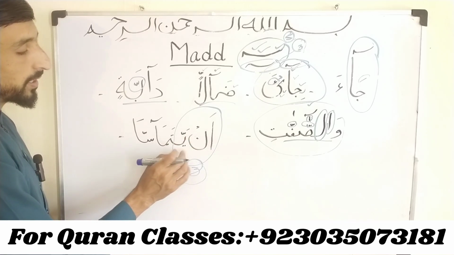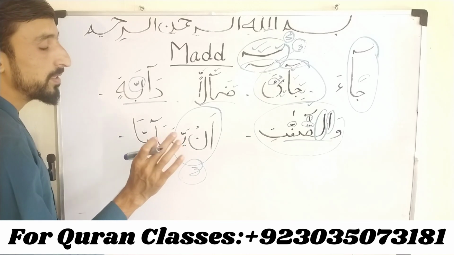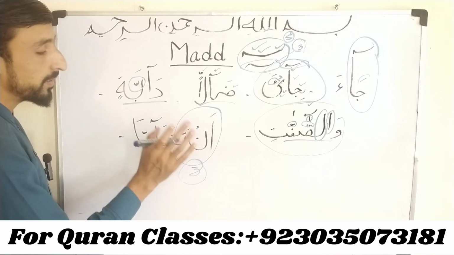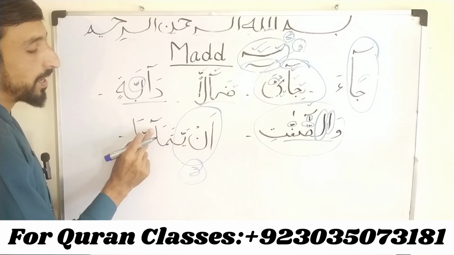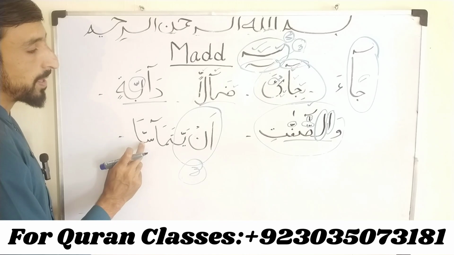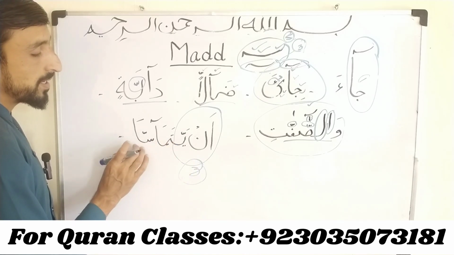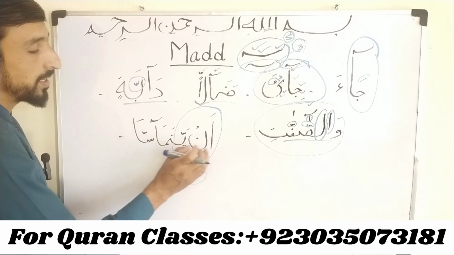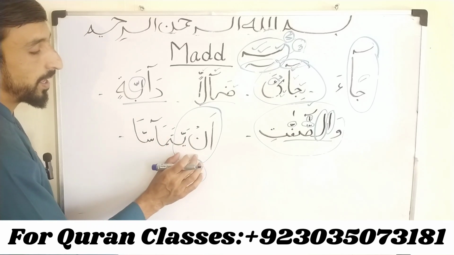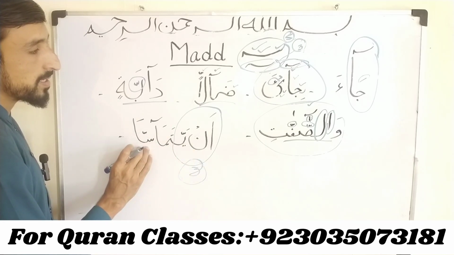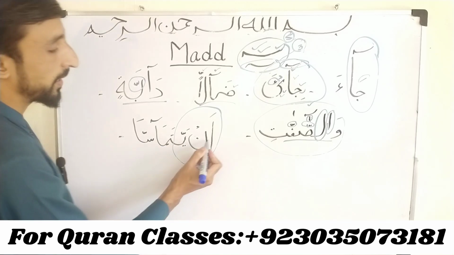We also read with ghunna when there are yarmalun letters. Ayyata, mim, alif, sin, fatha mas, ayyata mas, sin, alif, fatha sa, ayyata masa, like that. Ayyata masa. We read like that.